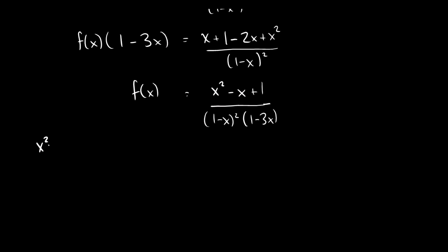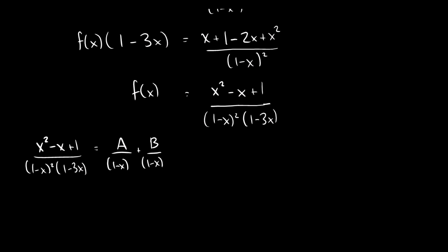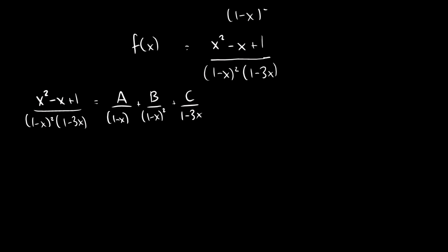So x squared minus x plus 1 over (1 minus x) all squared times (1 minus 3x) is going to be A over 1 minus x plus B over (1 minus x) all squared plus C over 1 minus 3x.